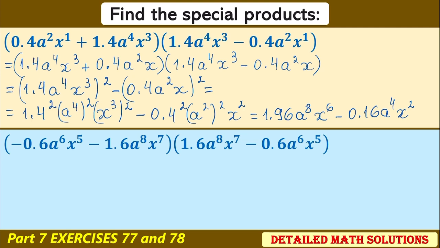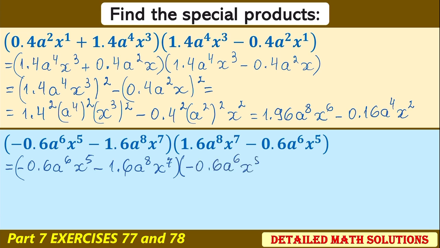When I do that, this can be written as (minus 0.6 a to the 6th power x to the 5th power minus 1.6 a to the 8th power x to the 7th power) multiplied by (minus 0.6 a to the 6th power x to the 5th power plus 1.6 a to the 8th power x to the 7th power).